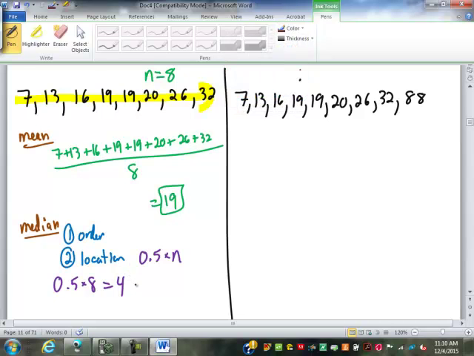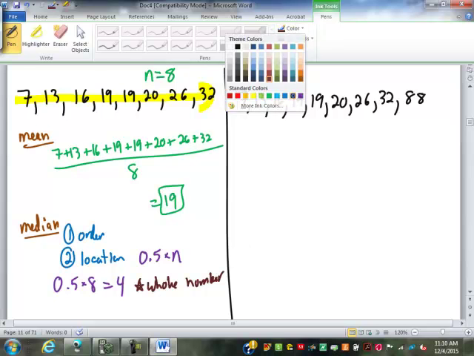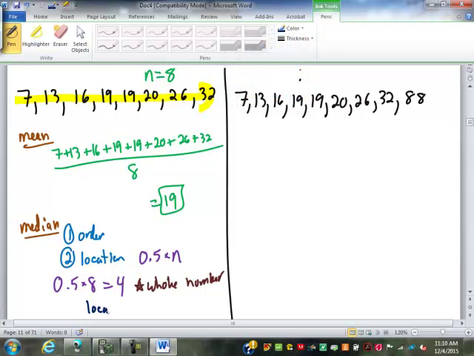Since this is a whole number, in other words, there's no decimal or fraction there, the location of my median is between the fourth and the fifth number. If our answer to that 0.5 times n is a whole number, its location is between that number and the next number. So between the fourth and fifth.